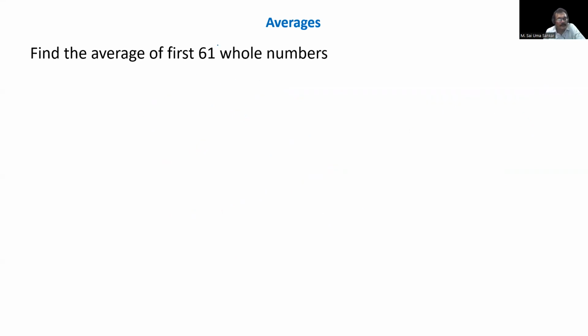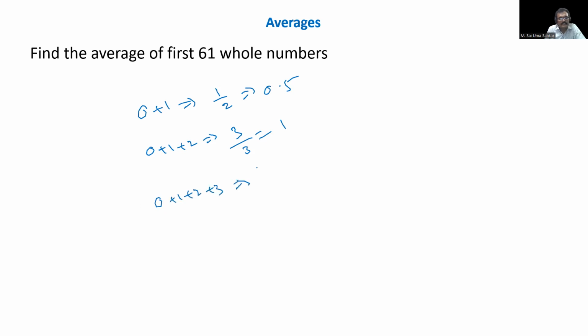First 61 whole numbers. What is the whole number? Start with 0. First 2: 0 plus 1, that is equal to 1 by 2, that equals 0.5. 0 plus 1 plus 2 is equal to 3 by 3, that is equal to 1. 0 plus 1 plus 2 plus 3 is equal to 6 by 4, that is equal to 1.5.